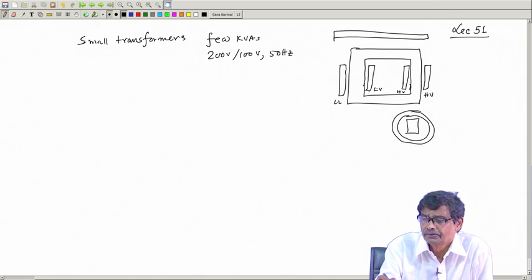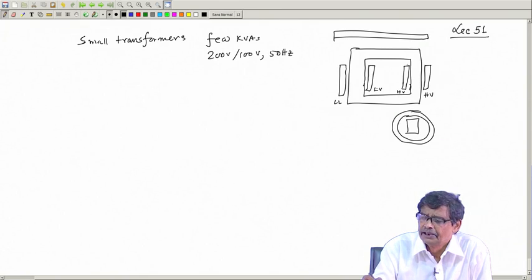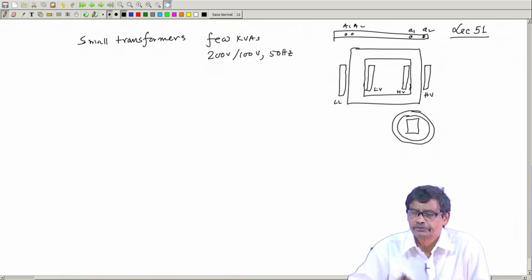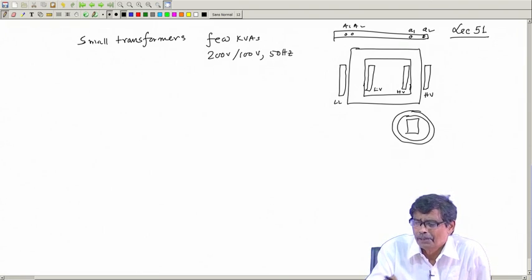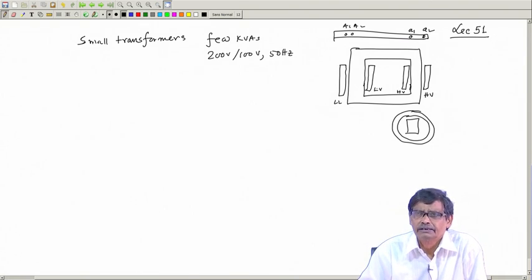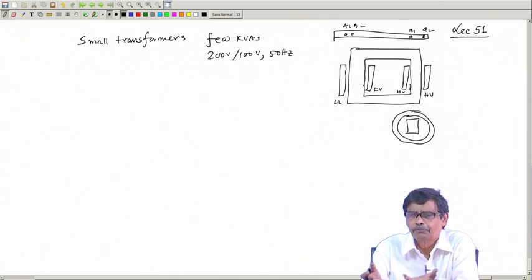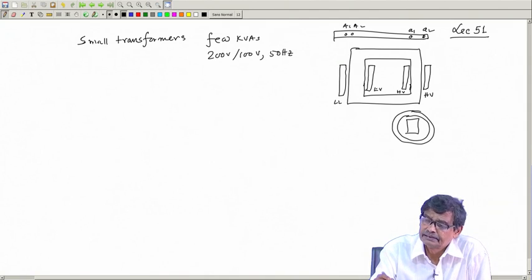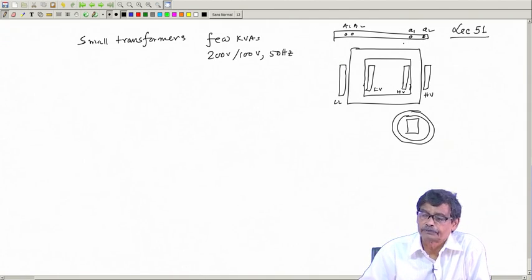In the laboratory, LV terminals and HV terminals are brought in. So A1, A2 and small a1, a2 will be appropriately brought in for your external use. Although you will not be able to make out the sense of the coils, everything is exposed. This is the core, you can easily identify, here is the LV winding, the windings you can see, and these terminals are brought out.